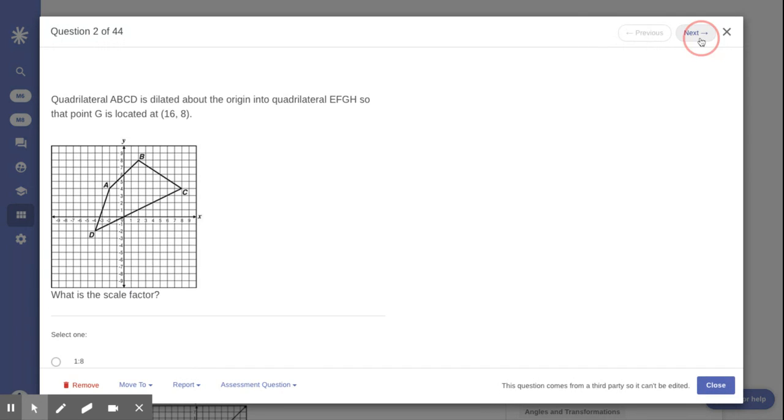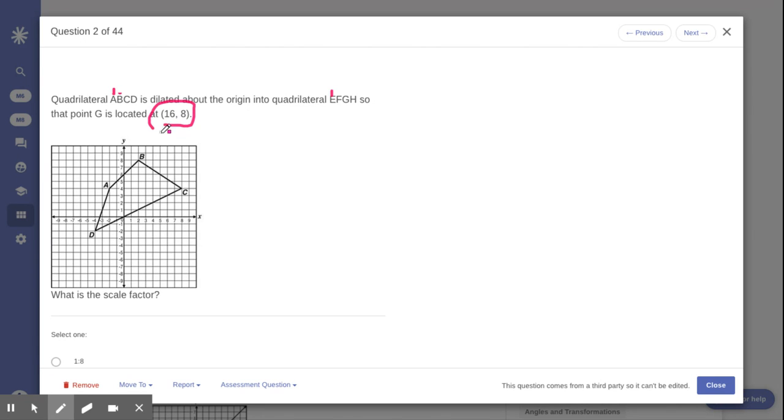Okay, now that was a whole mess of stuff, but it's easier if you just see some of these on some actual questions. I'm literally going to use questions from here. Okay, so quadrilateral ABCD here is dilated about the origin, and it turns into quadrilateral EFG. Now, here's one thing you need to know about this. A corresponds with E, B corresponds with F, G corresponds with C, so on.